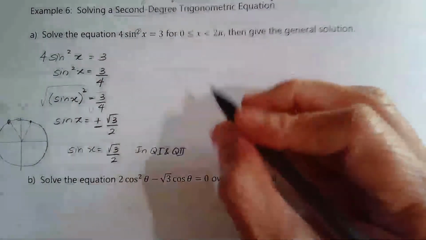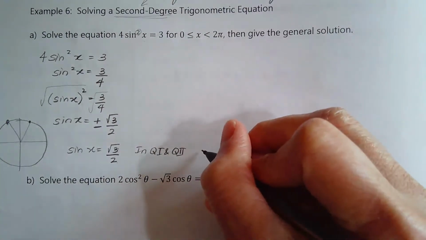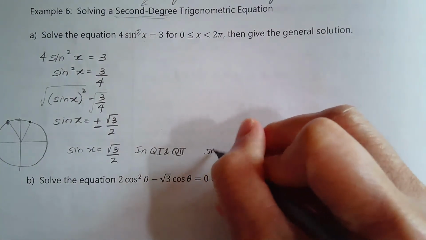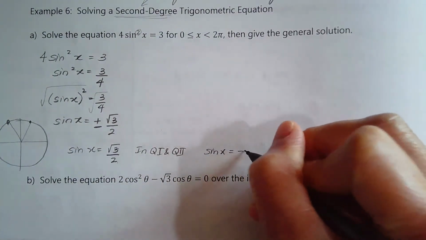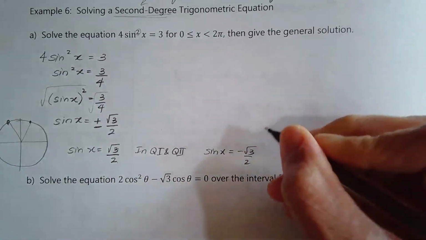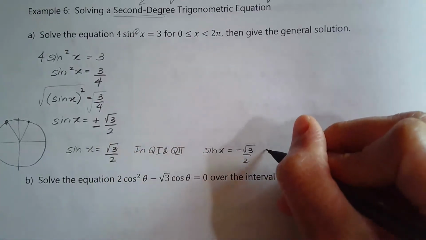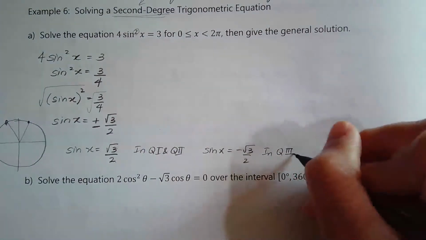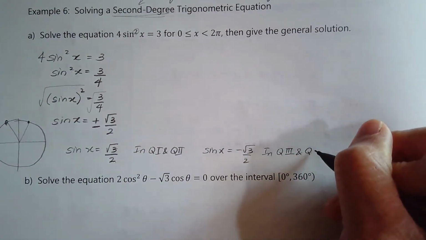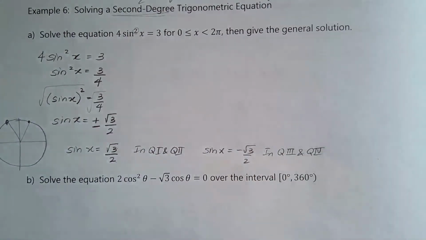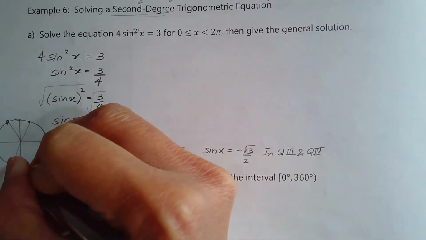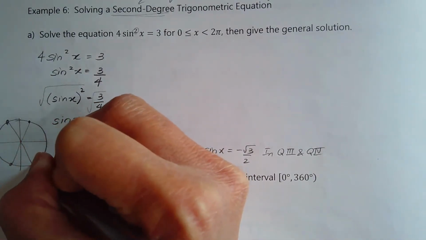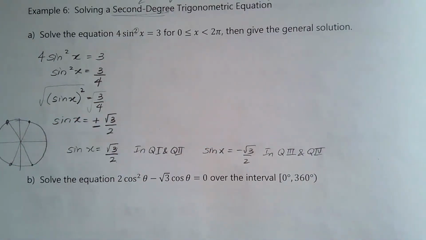And sine of x equals negative root 3 over 2 is going to be in quadrant 3 and quadrant 4.